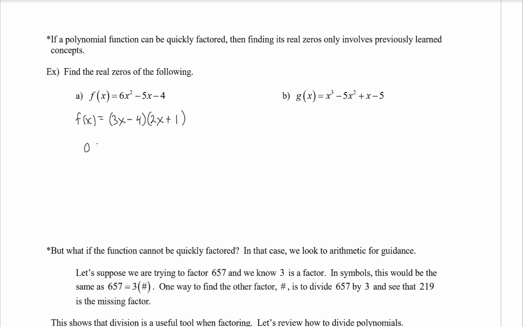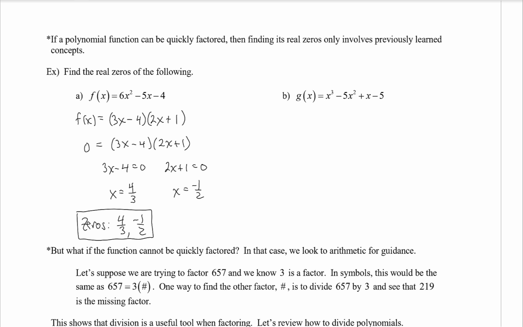Then if I plug in 0 for y, I can use the zero product property, which says that each of those factors could be 0, and then the product would be 0. So then x is 4/3 or -1/2. So my zeros, both multiplicity 1, are 4/3 and -1/2.